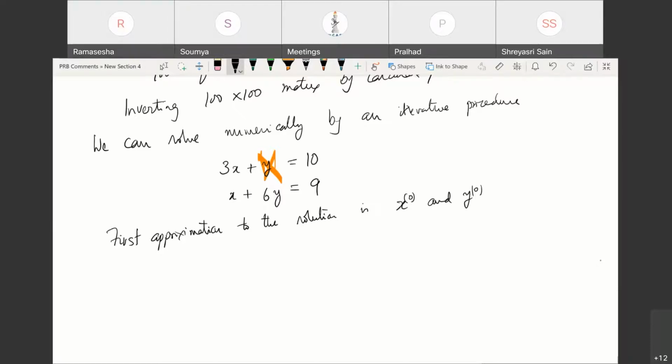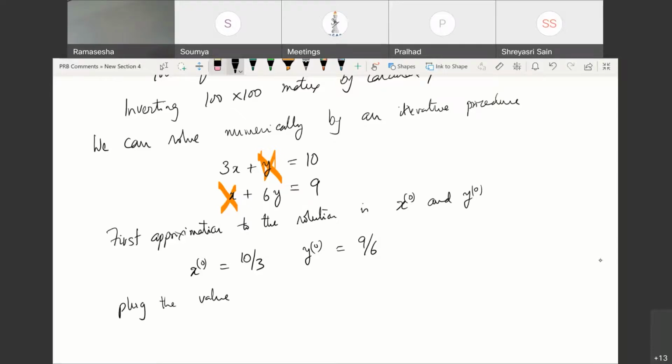My first approximation is going to be the following: x naught equal to 10 by 3 and y naught is equal to 9 by 6. Okay, so next what I will do is plug the value of y naught in equation 1 and get x1. So we will do the following.